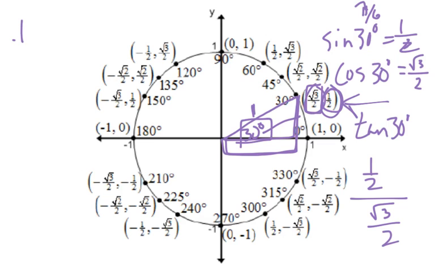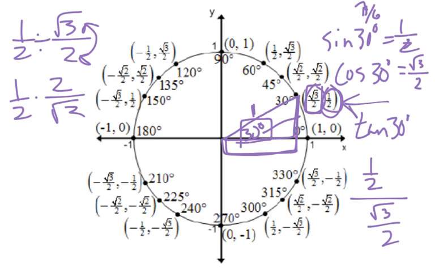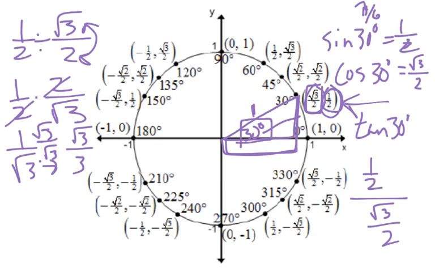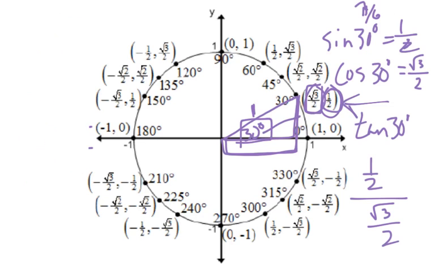Well, 1/2 divided by square root of 3 over 2, you get the reciprocal and then multiply. The 2's cancel out. 1 over square root of 3, can't have that. So multiply by the square root of 3 over the square root of 3. So we get the square root of 3 over 3. That's where tangent comes from, because it's a combination. And we can find all those trig ratios when we're doing that.